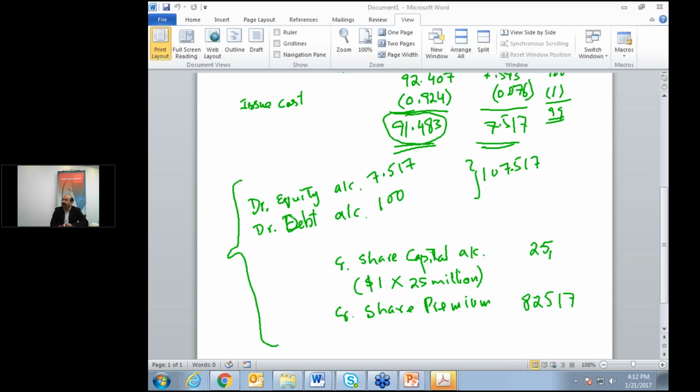Another question asks which rate will be applied subsequently for the measurement of the finance interest related to this debt element. That will be 3.8%, because we shall be recognizing this amount after the effect of the issue cost.